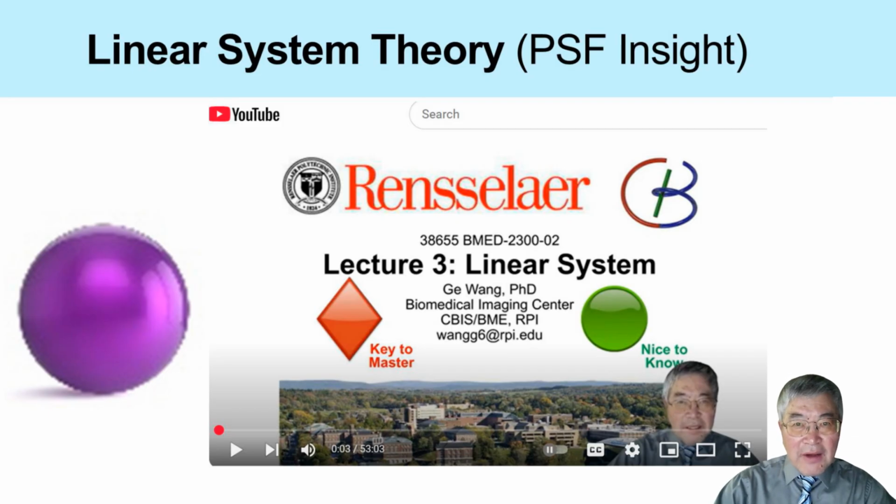Therefore, the entire FBP reconstruction process can be interpreted as a linear system. If we understand how FBP reconstructs a single impulse or a point object, then we gain valuable insight into how it reconstructs a general image. This PSF viewpoint will help us understand the relationship between parallel beam and fan beam reconstruction more intuitively.